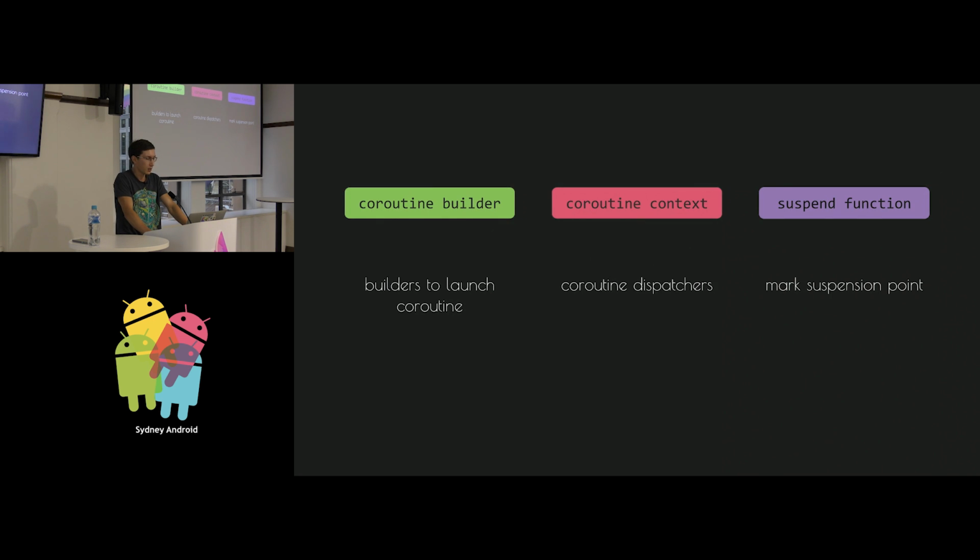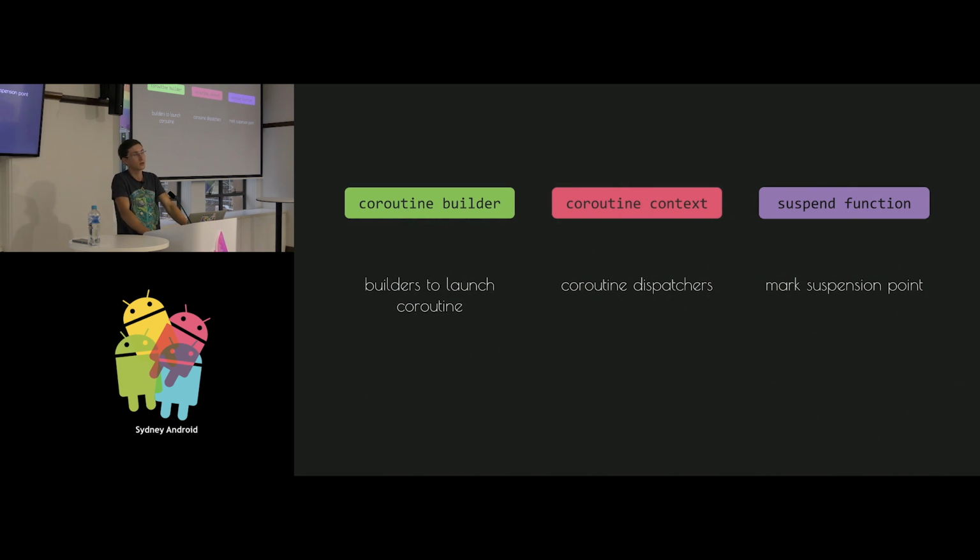The first one is coroutine builders. They are used to launch a coroutine. Then there is a coroutine context. That's basically a dispatcher, and you can think about it as schedulers in RxJava. That's deciding which thread your coroutine will be running on. And there are suspend functions.